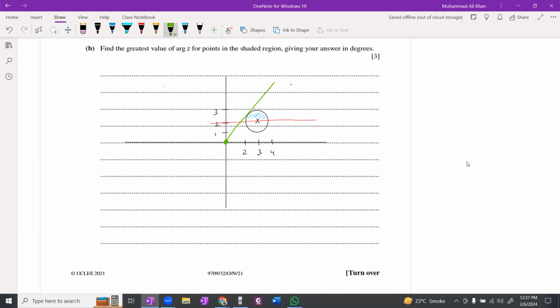What is the angle? We have to calculate this angle. ये angle हमें calculate करना है. How to calculate this angle? जरा check करते हैं. I am removing this red line.